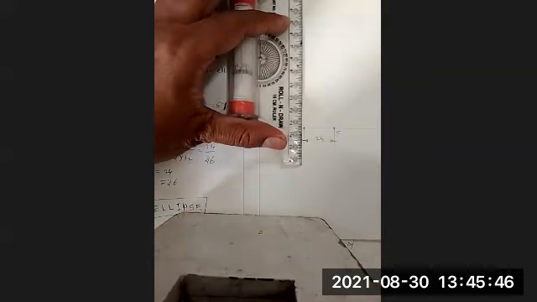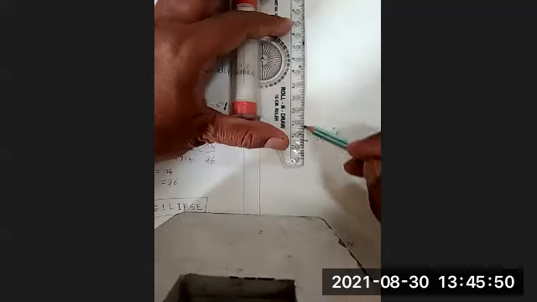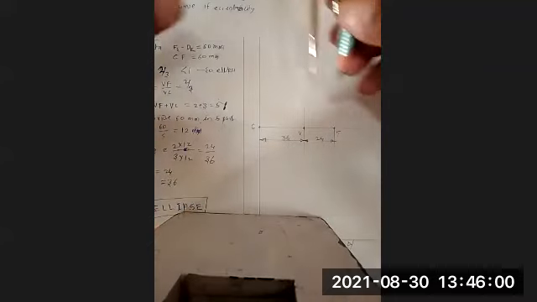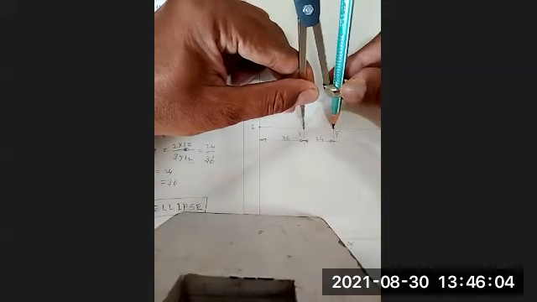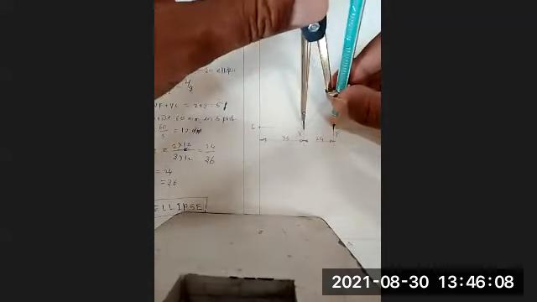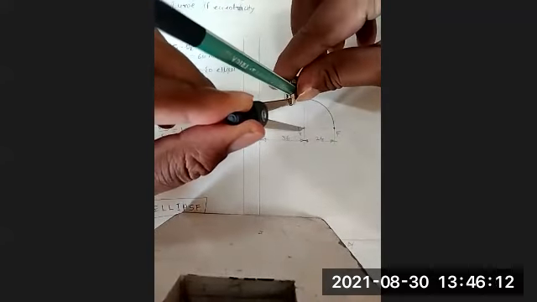Just see, you draw one line passing through it, then take a compass, take a distance V to F in the compass, and draw this arc.